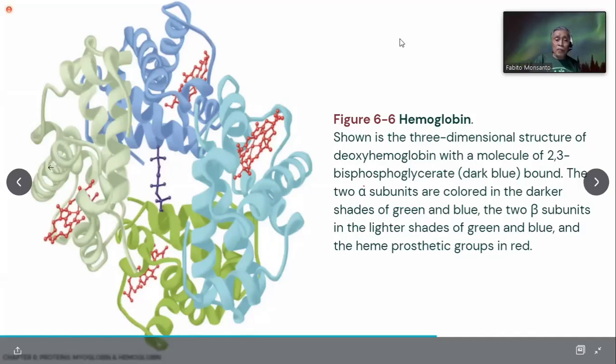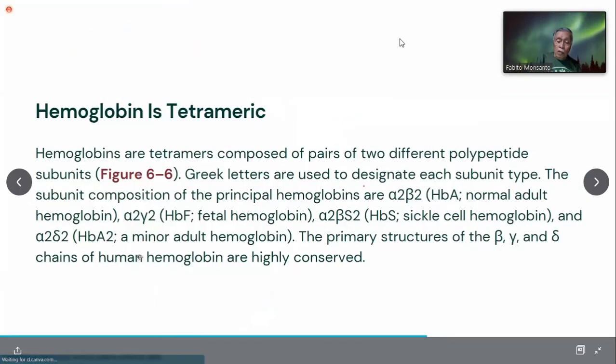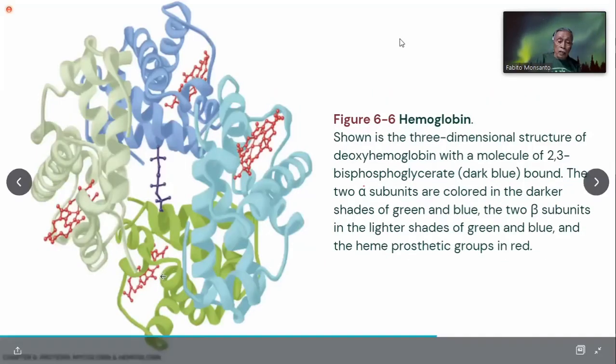You see? And each of the subunits has a heme. This one here in red. Another red structure here, which is heme. Another heme here for this subunit, and another heme here for this subunit.